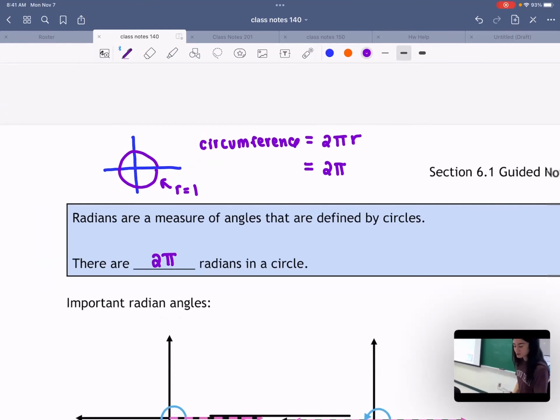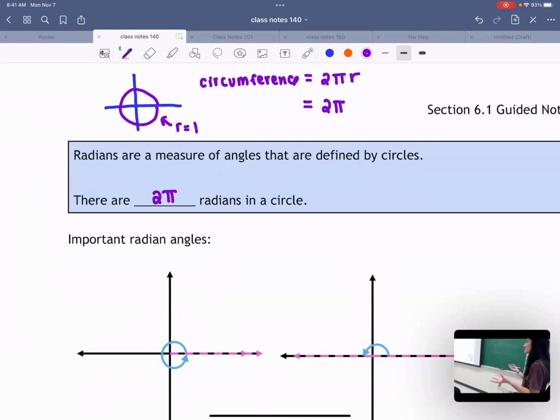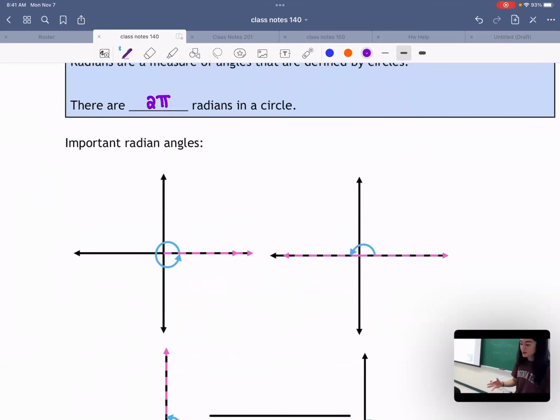So this is a mathematical definition of an angle, which means it's a little bit more mathematical than just saying, oh, there's 360 degrees in a circle. We're actually expanding our definition into something that's a little bit more mathematical, something that we can actually work with. So because there's 2 pi radians in a circle, let's talk about the really important radian angles that we have.